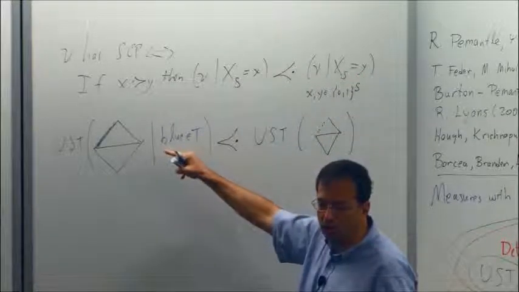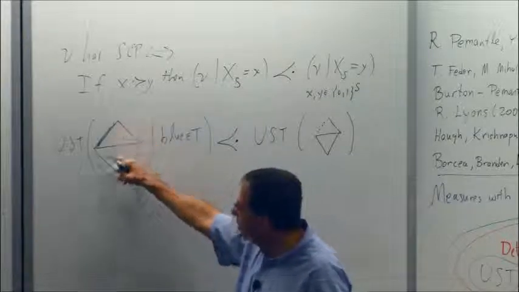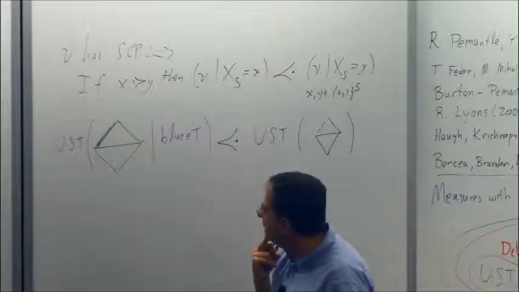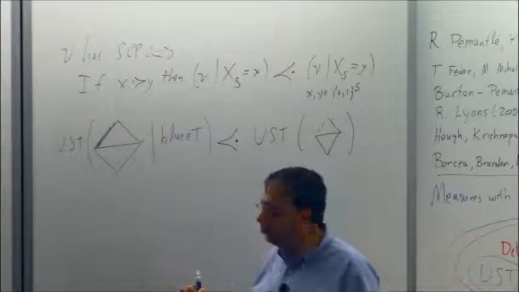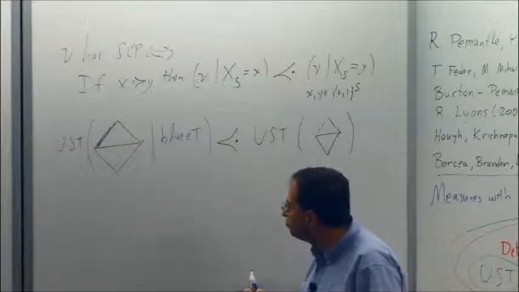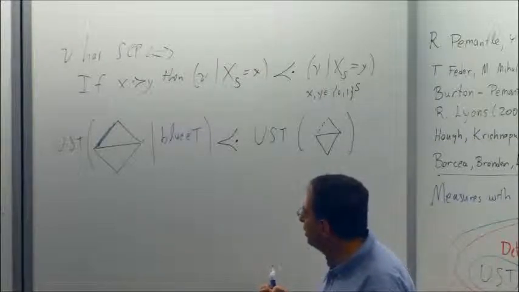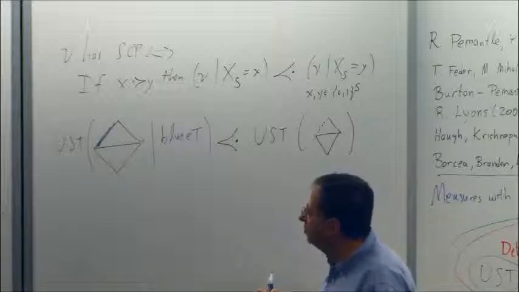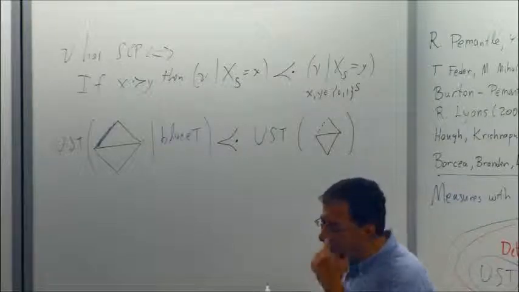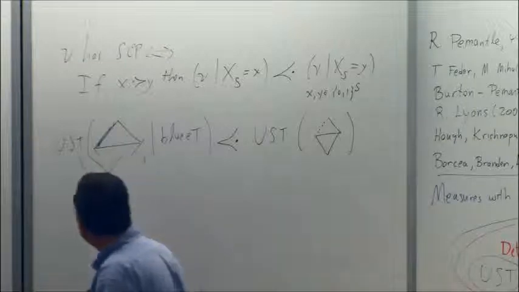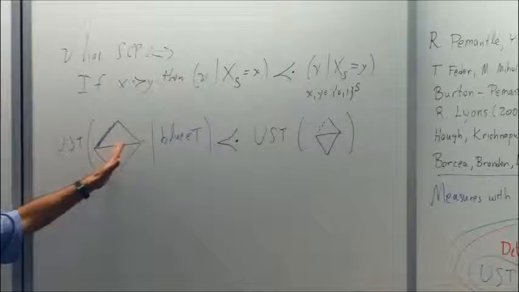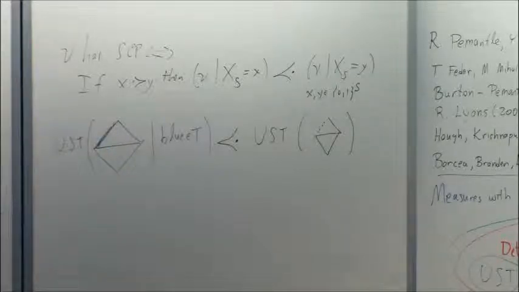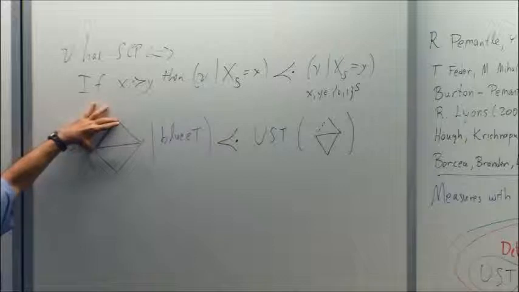Let me explain this in the context of the spanning tree to make it more concrete. Suppose I condition the spanning tree to contain this edge. Then on the remaining graph, I'm not going to get a spanning tree. I'll get a subset. In general, it's a forest, because these two have to be in different components.